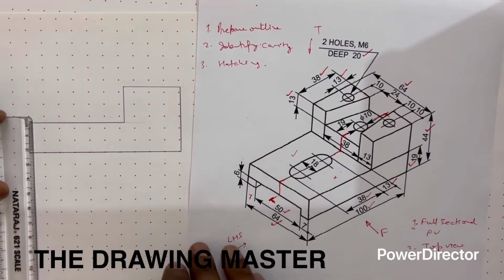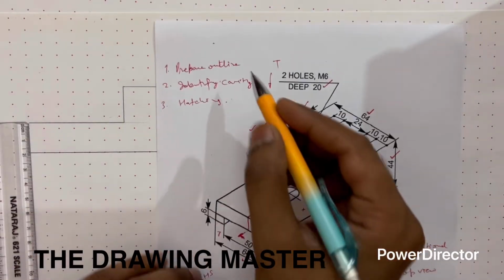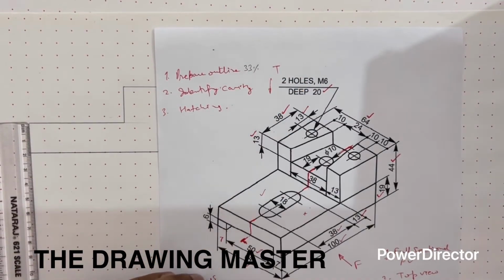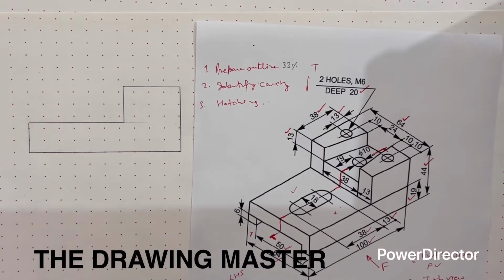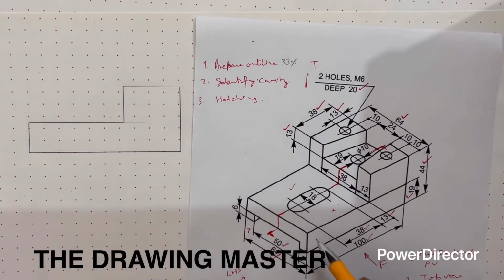Now this is the outline of the object. So our 33% of the task is over. This is just an outline. So you can verify this. This is the outline of the object.